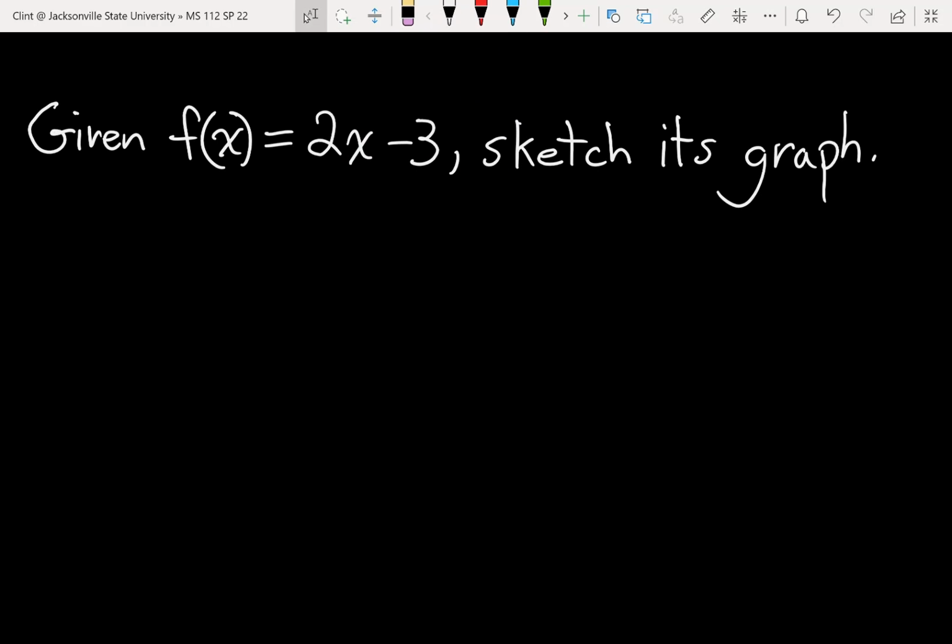So here's a linear function. We want to sketch its graph. So a couple ways we can go about this.